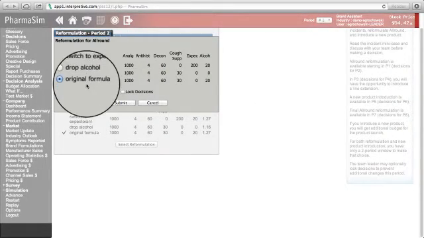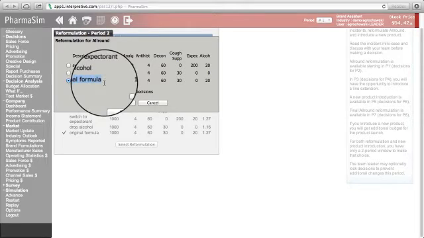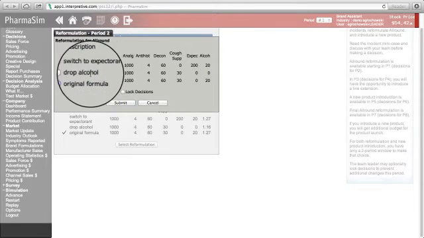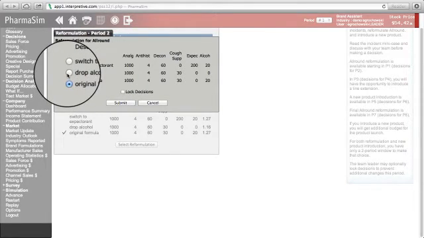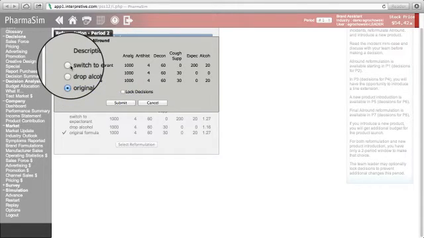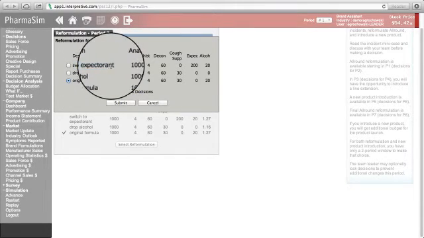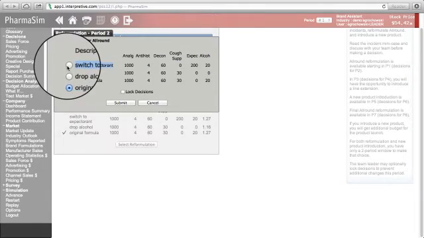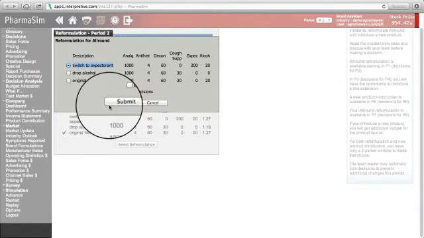So what that allows me to do is I can keep the original formula. I can drop the alcohol out of it to make it a non-drowsy, or I can add a function to the formula. So let's say I switch it to an expectorant.